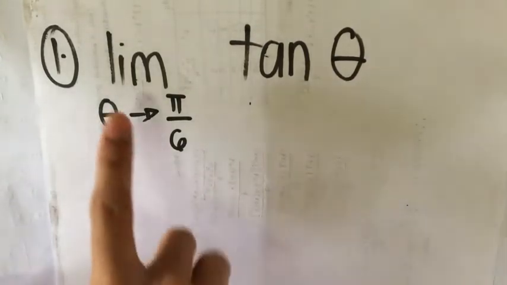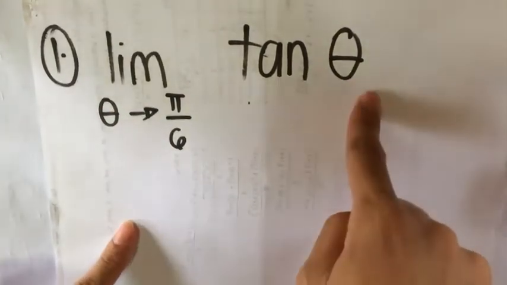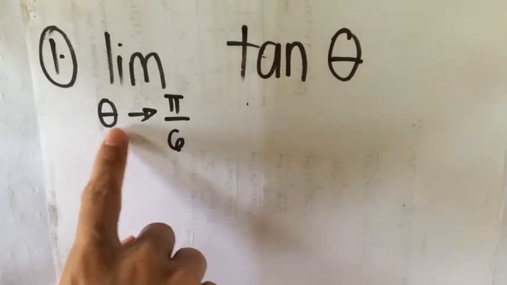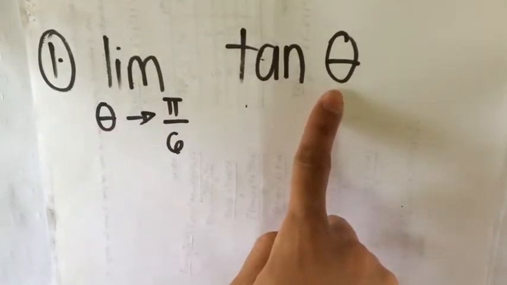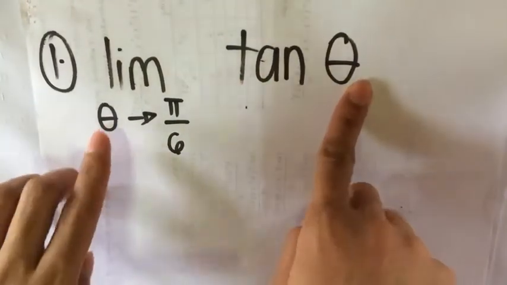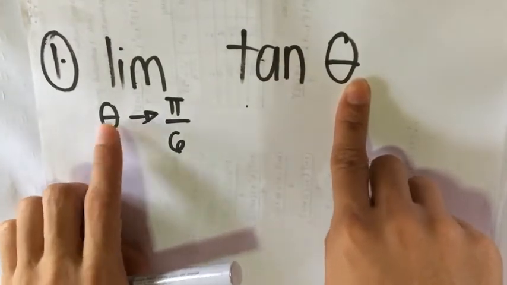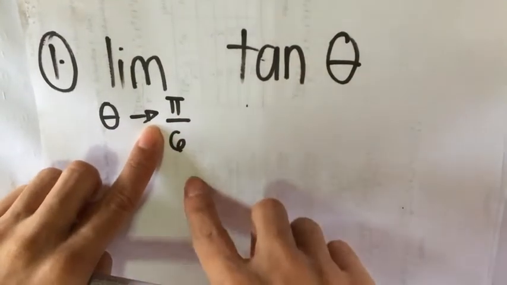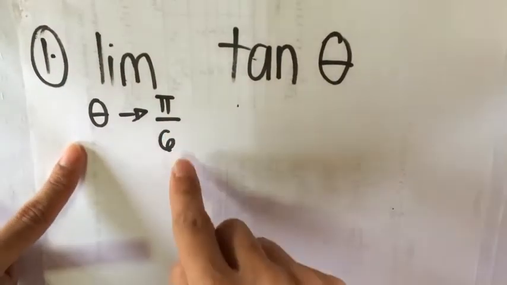Okay, let's try example number 1. My example number 1 is the limit of tan theta as theta approaches pi over 6. How are we going to find the limit of tangent theta? As you can observe, theta approaches pi over 6.